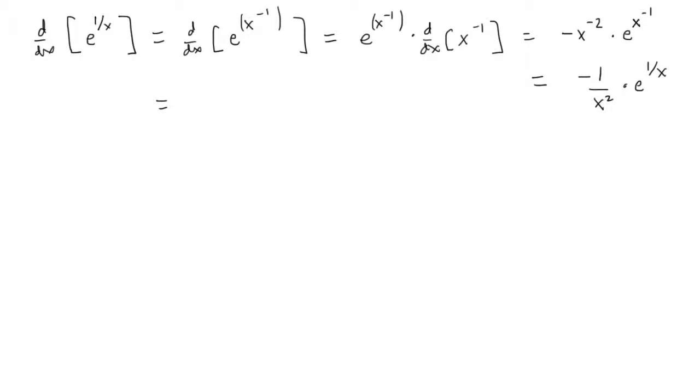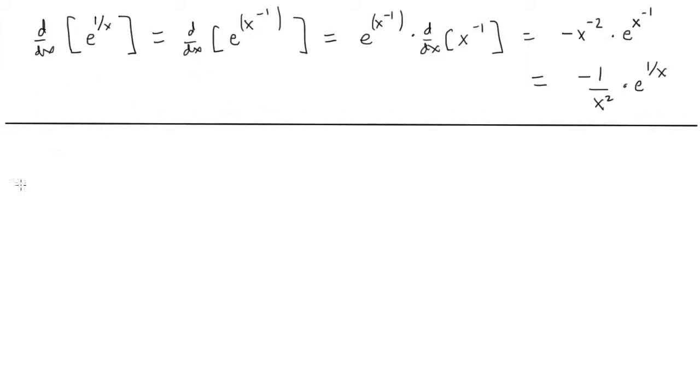And that's basically it. If we have something with the product or quotient rule mixed in, let's do one of those real quick. We could have, for example, x e to the x. Here we have a product of two functions, x and e to the x, so the derivative is the first thing times the derivative of the second plus the second thing times the derivative of the first.